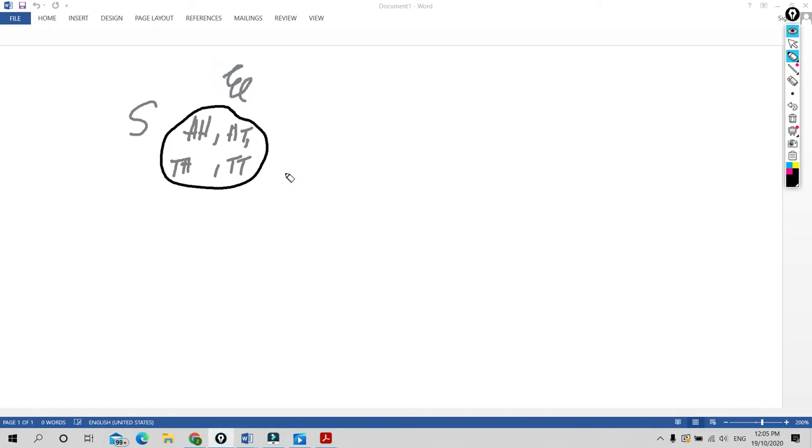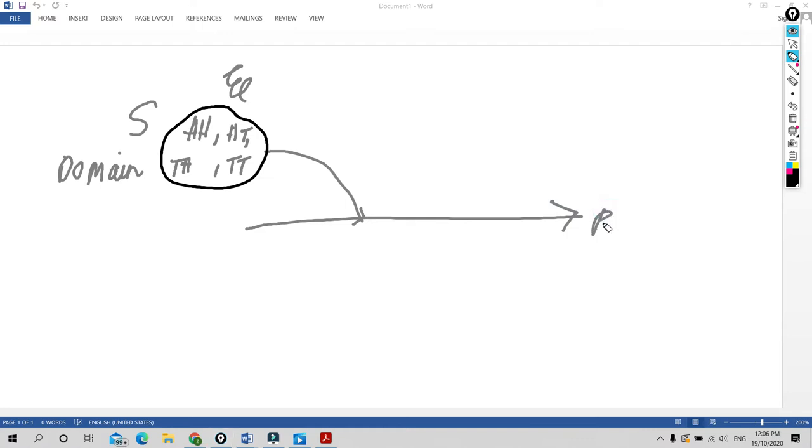Okay, so I want to connect this zeta with the real line, or the range. This is the domain, and I want to relate it with the range here, the real line R. In other words, here is your range. Okay, so you can either get zero heads.